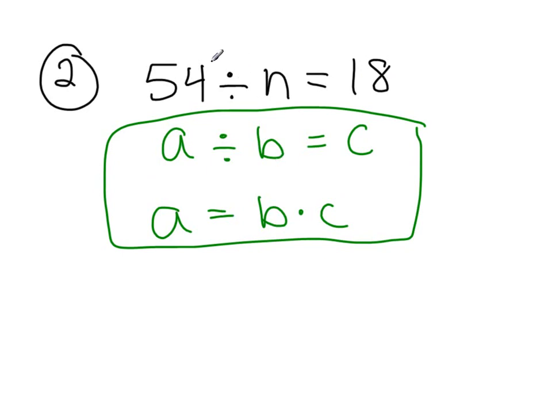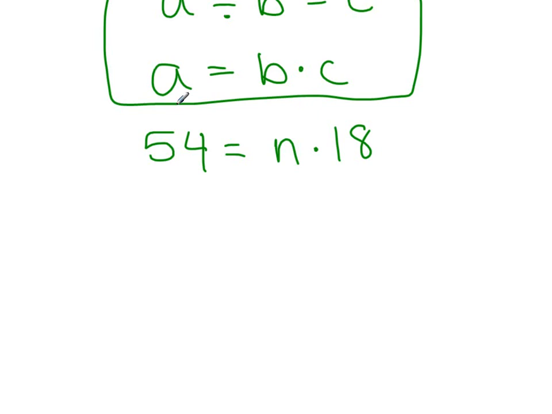So what I'm telling you is 54 divided by some number, I don't know what it is, equals 18. So 54 equals, because 54 is our A. Order matters. What appears first starts. We don't just get to pick what we want. B, being n in this case, whatever we're dividing by, times 18. So I need to think of something times 18 that gets me 54.